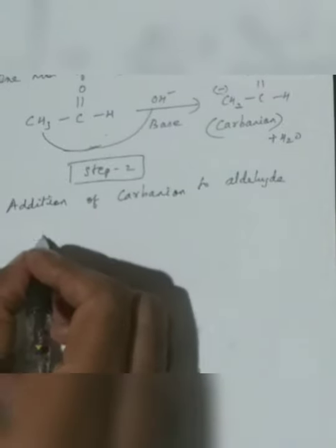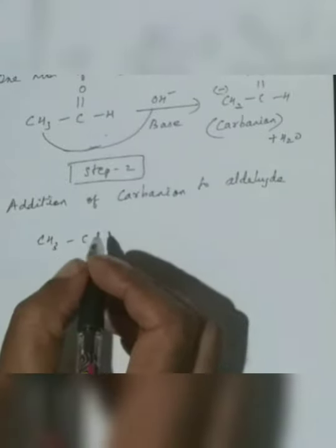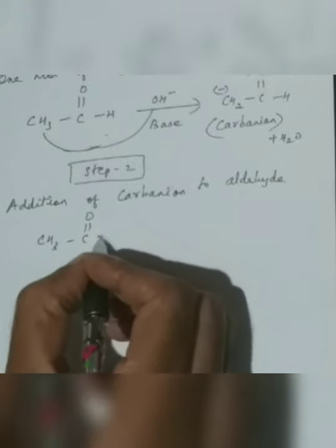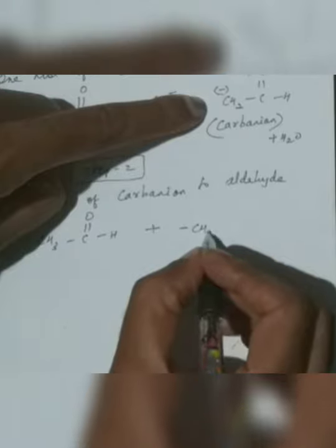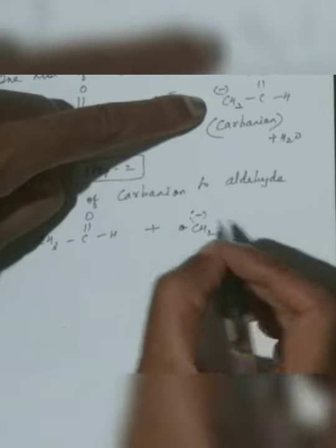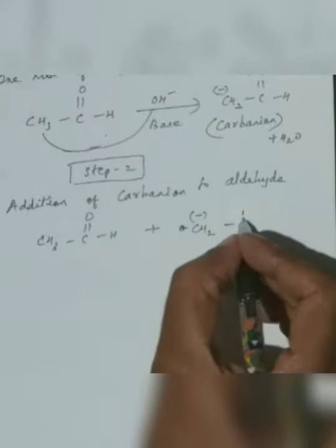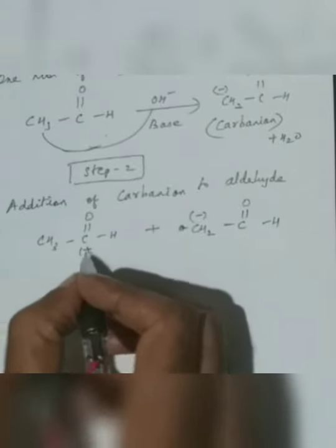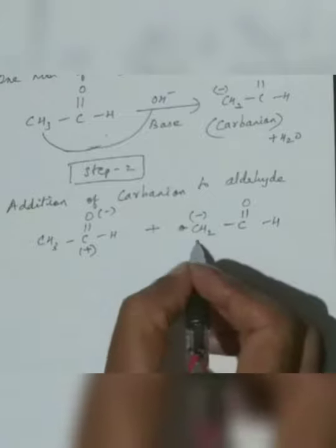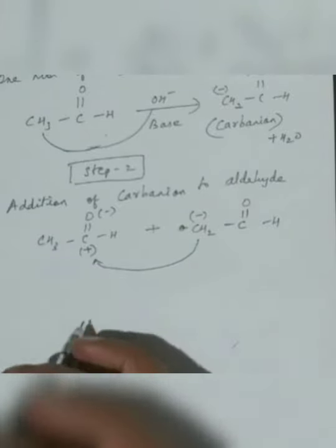Let us take one aldehyde, CH3, C double bond O, H, plus this carbanion, which has the carbon with a negative sign, C double bond O and the H. Now, we know from electronegativity that this has the plus and this has the minus, so this will come and get attached here.